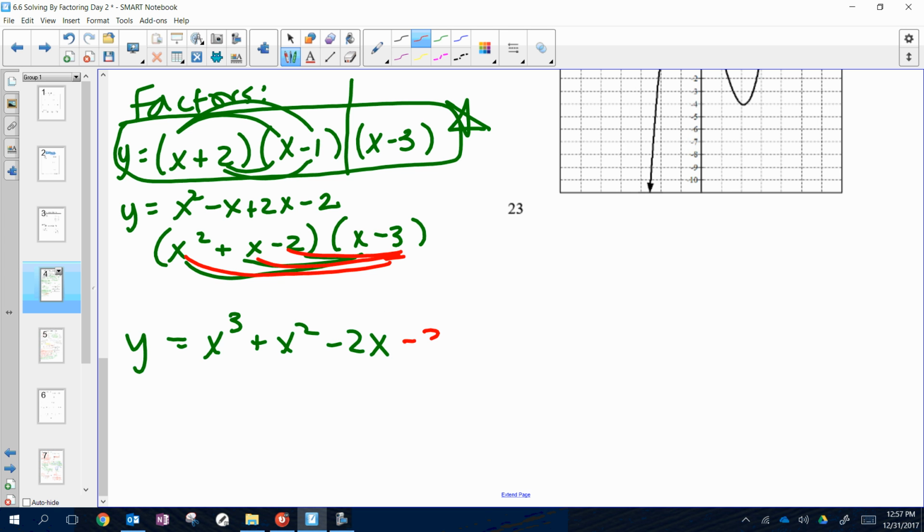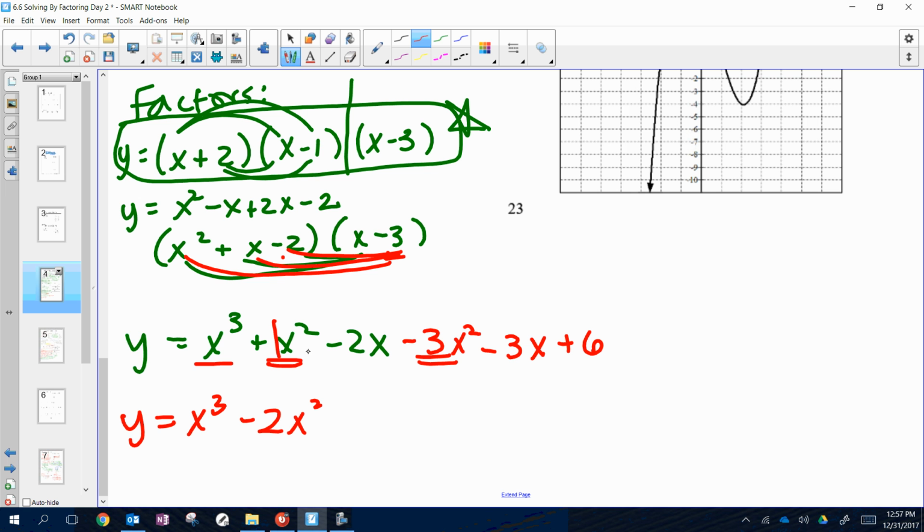So it'd be a negative 3 on the x squared, a negative 3 on the x, and negative 2 times negative 3 is a positive 6. Now I'm going to combine like terms. There's only one of those x cubes. X squareds, I see negative 2x squareds. That's a 1, take away 3. On my x's, I see a negative 5x, and the 6 is the only constant.